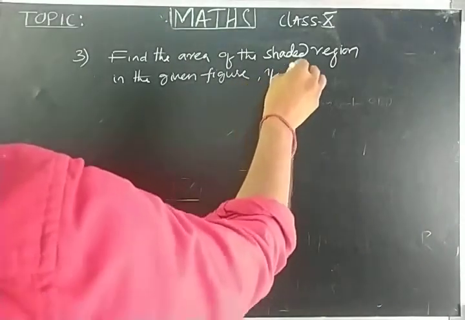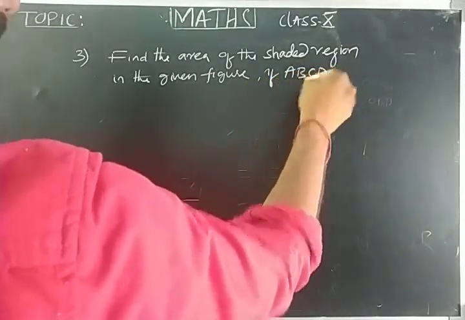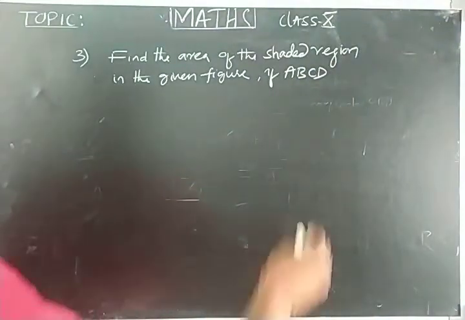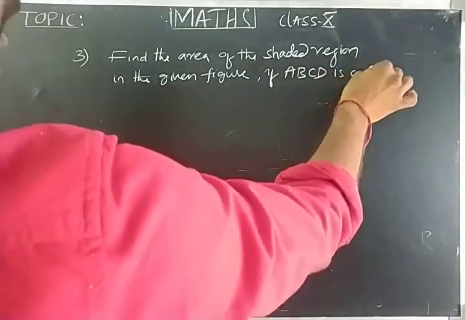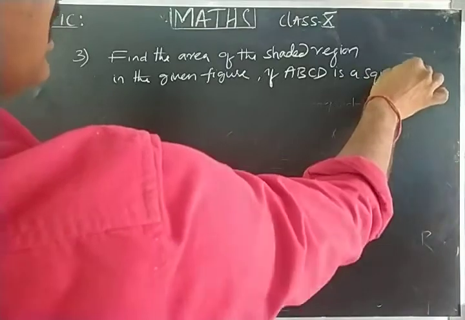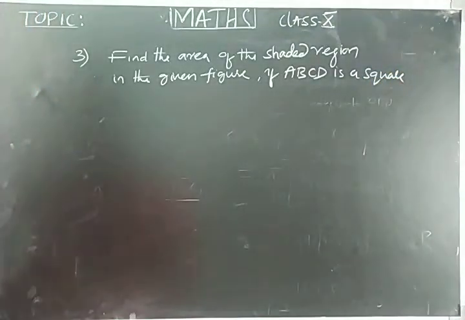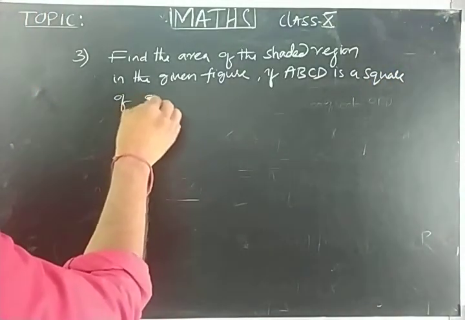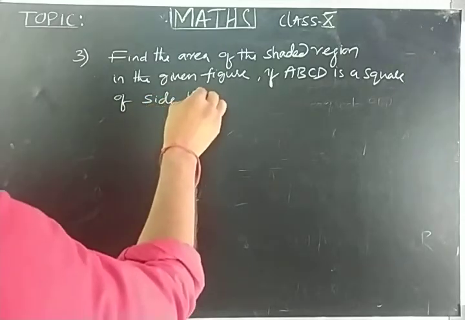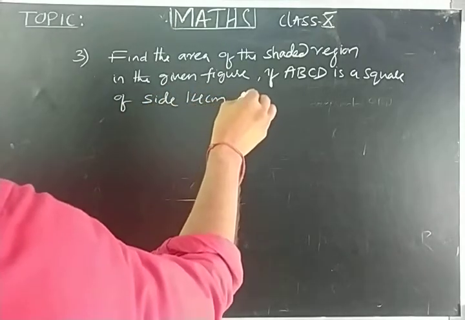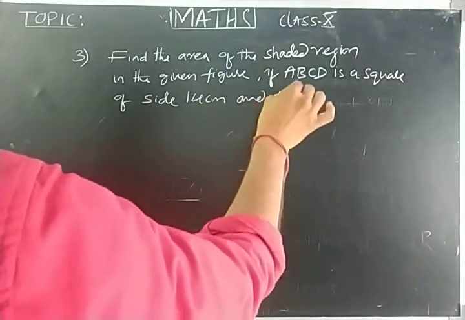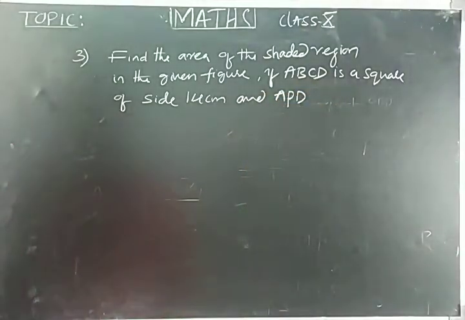If ABCD is a square. ABCD is a square of side 14 centimeters. And APD and BPC are semicircles.